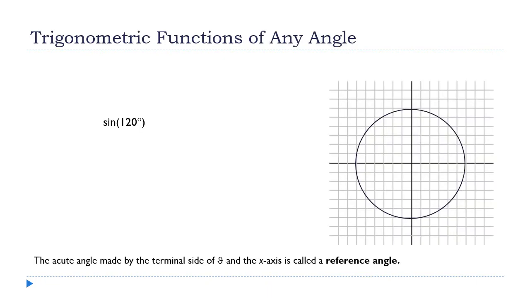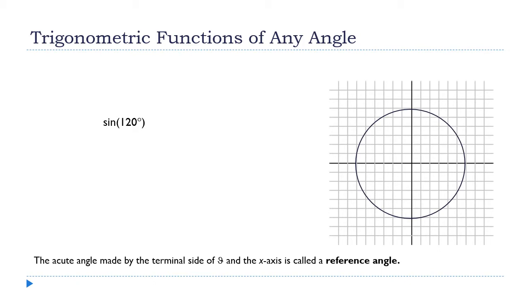Now that we have our new definition, we can put my claim that we can find the trigonometric functions of any angle to the test. So to start off, let's see if we can find the sine of 120 degrees. To do that, I'm going to start by visualizing the angle.